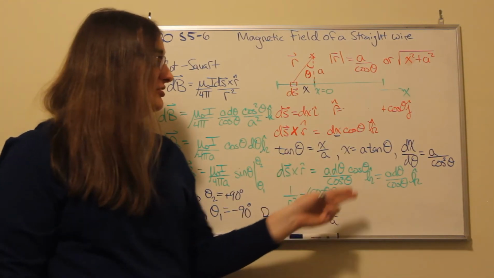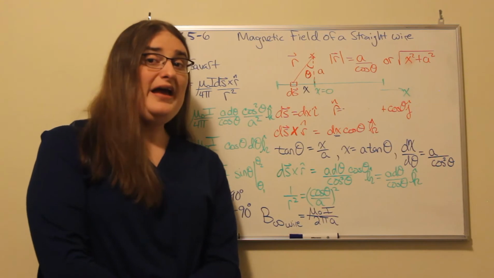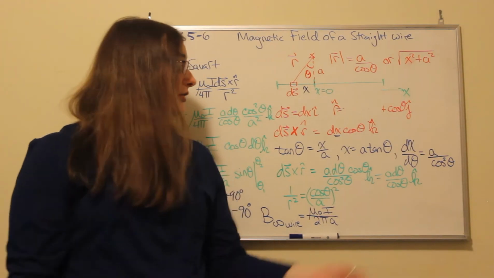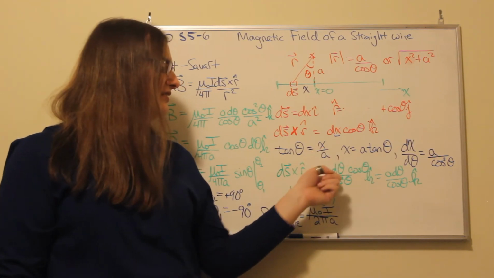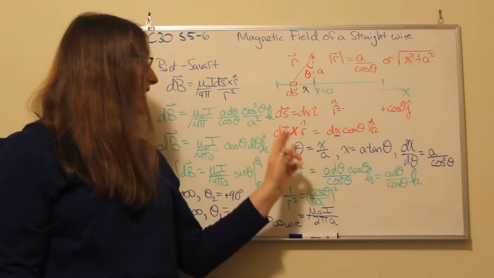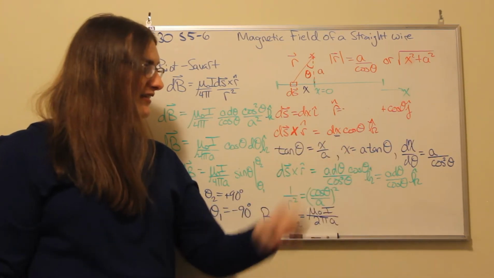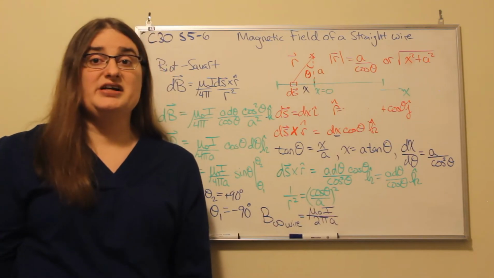And for my substitution, dx d theta is equal to a over cosine squared theta. Well, dx then would have to be a d theta divided by the cosine squared of theta, times the cosine of theta in the k hat direction means I can cancel one of my cosines.